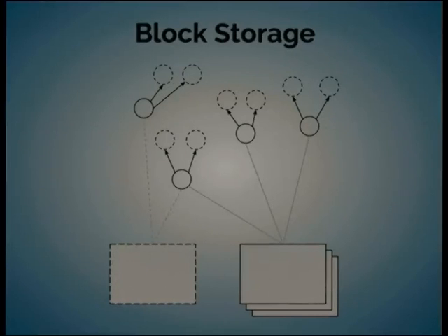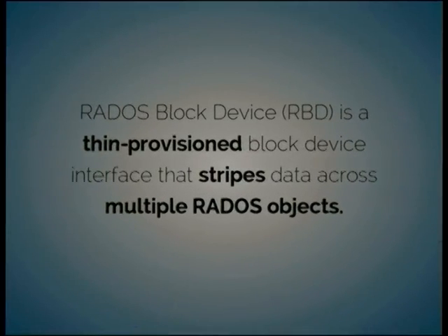The first thing that I want to cover, because arguably it is the one where most people that are using Ceph and OpenStack see their need for integration, is block storage. So in Ceph, we have this thing called a Rados block device, and those are thin provisioned block devices that stripe data that is written to them across multiple Ceph objects, multiple Rados objects.